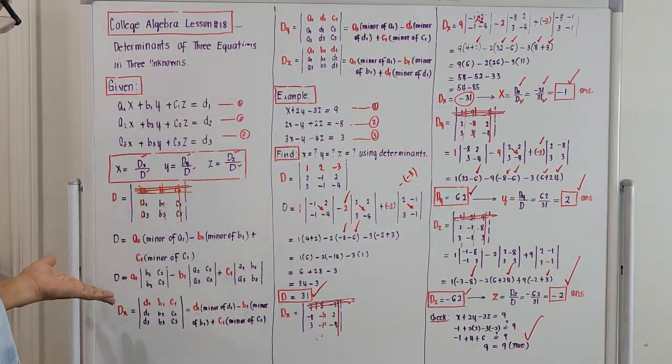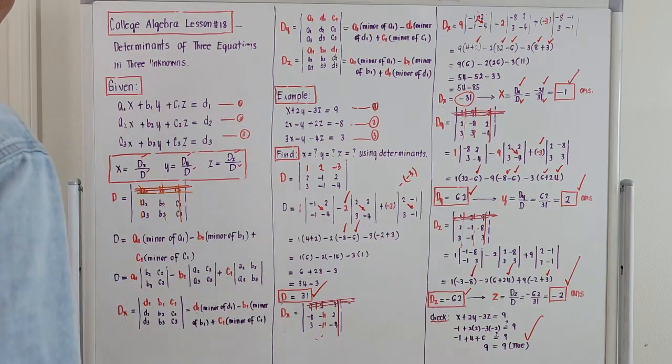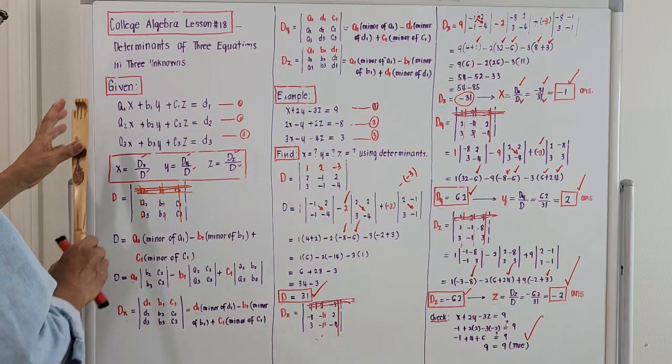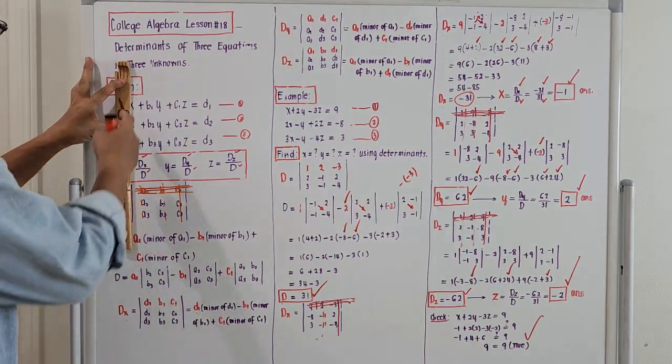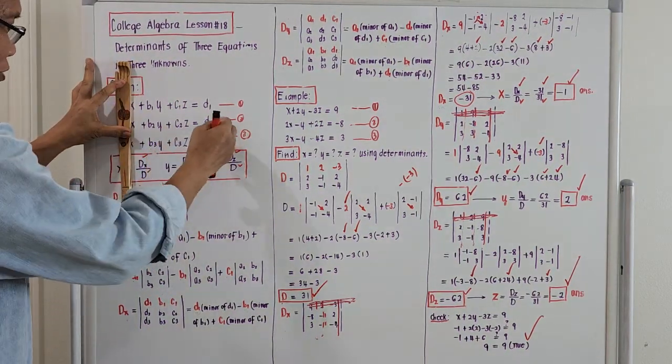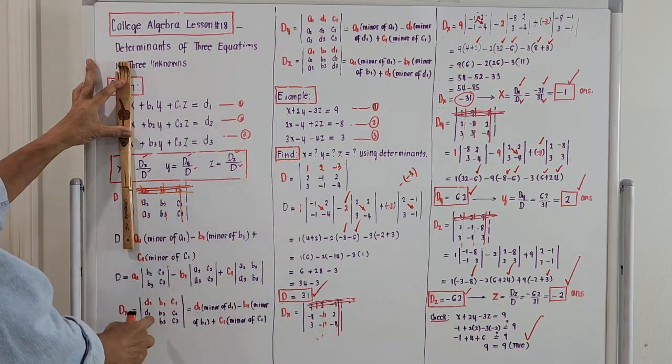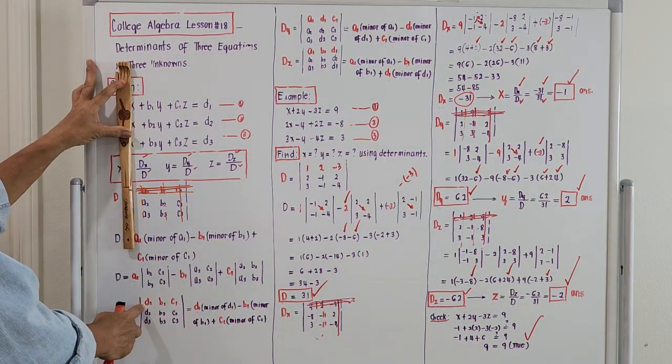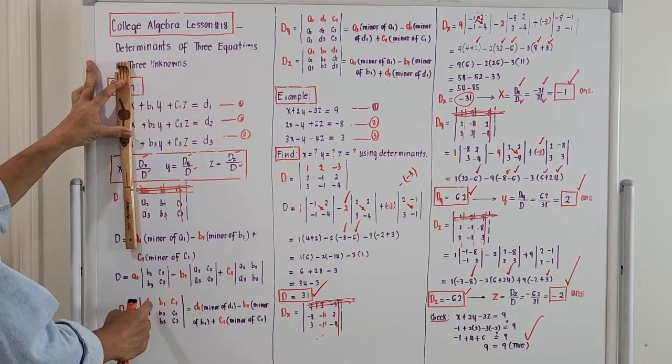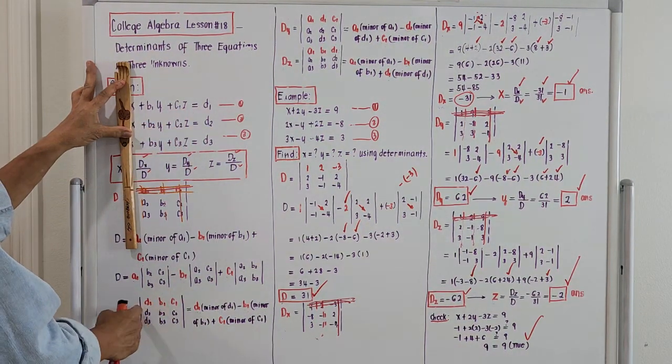Okay? And for the value of dx, like what I said, if you are computing for the value of x, just cover this one, then replace this column by the coefficients on the right hand side. So it will start with D, then B and C. So this is in the orientation DBC.